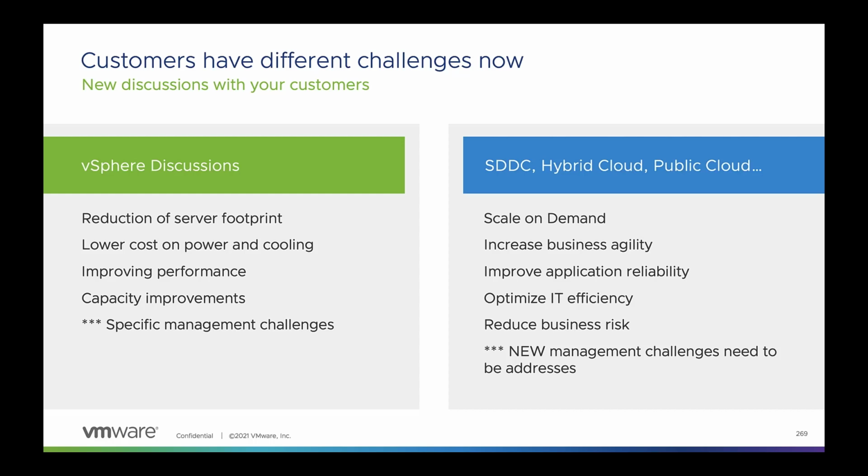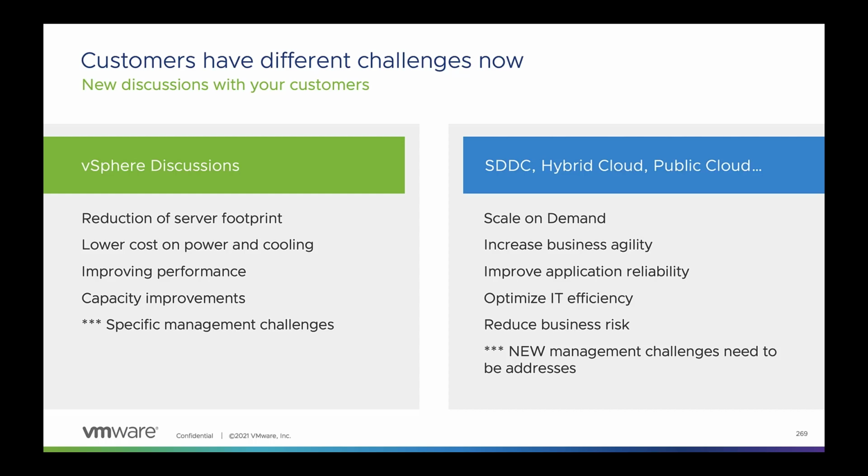We're having discussions across multiple SDDCs, hybrid clouds, and public clouds. It's no longer just based on vSphere. The vSphere Optimization Assessment was great at showing the health, risk, and efficiency of our vSphere deployments, but we've moved a little bit beyond that.